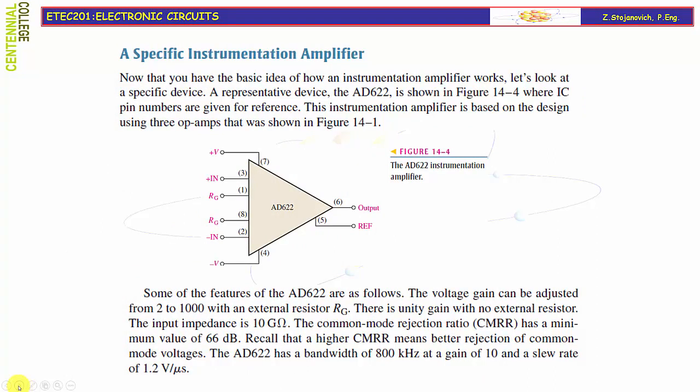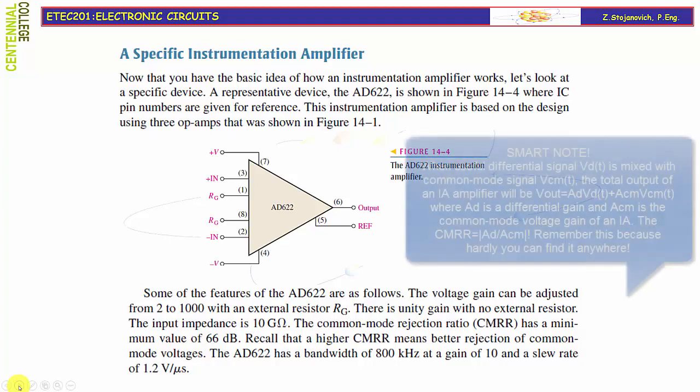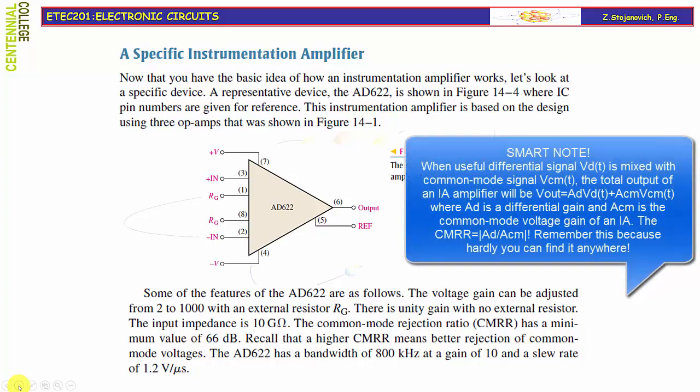Now that you have the basic idea of how the instrumentation amplifier works, let's look at a specific device. A representative device from the manufacturer Analog Devices could be the AD622, as shown in figure 14-4, where integrated circuit pin numbers are given for reference. This instrumentation amplifier is based on the design using 3 op-amps that was earlier shown in figure 14-1.